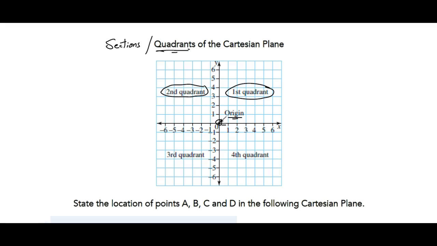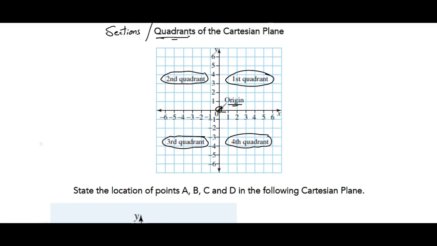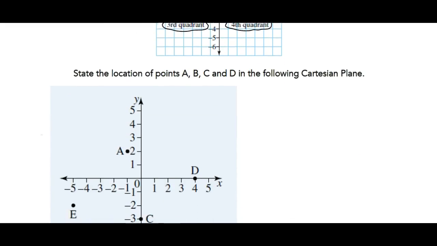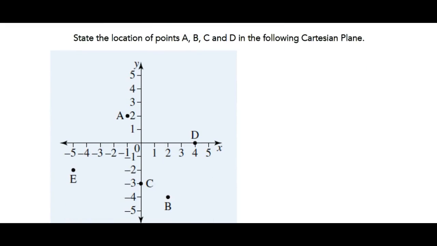If both x and y are negative, that's our third quadrant. If x is positive and y is negative, that becomes our fourth quadrant. As we notice, the Cartesian plane has been divided into 4 quadrants. In this following example, we are going to locate the points A, B, C, and D in the following Cartesian plane. Let's start with point A.